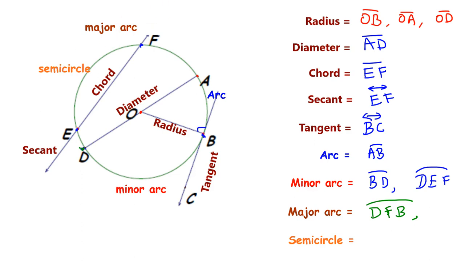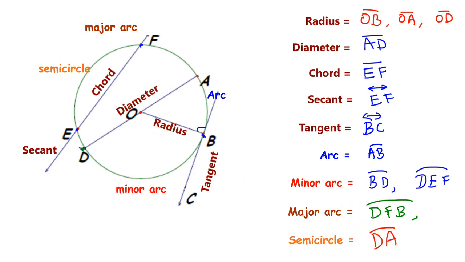And lastly, you are looking for a semicircle. Semicircle is this. Let me use a different color. From D to A, that is your semicircle, right? D to A or A to D, it is the same thing. But if I just say D to A, it will confuse us.